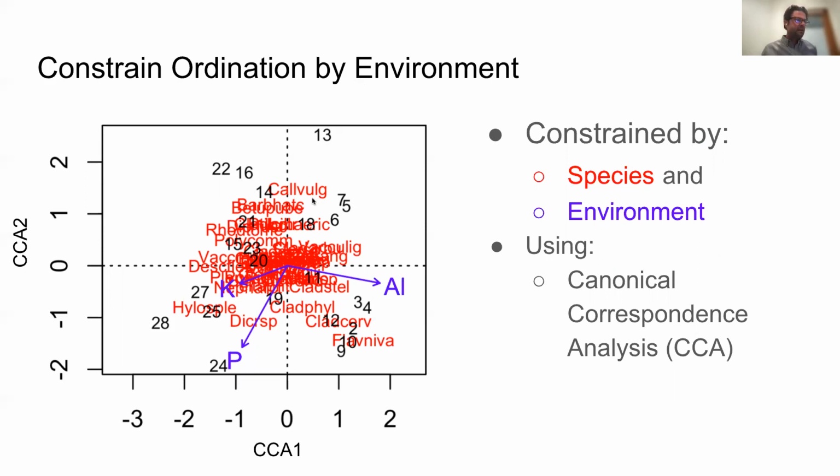So we're constraining the sites, the observations, also based on the environment as well as the species. And in that case, they've used a slightly different technique, canonical correspondence analysis.